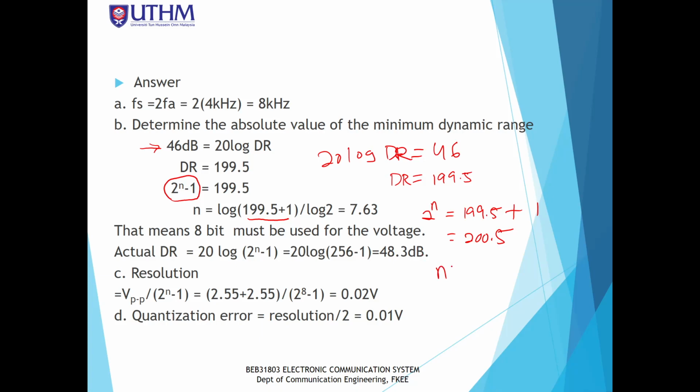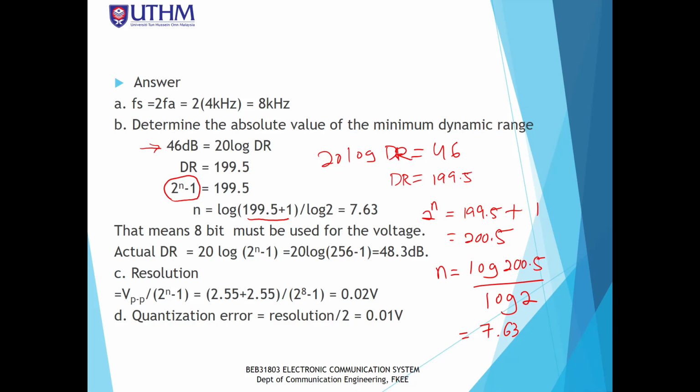So n is equal to log 200.5 divided by log 2. Okay, so you will get 7.63.